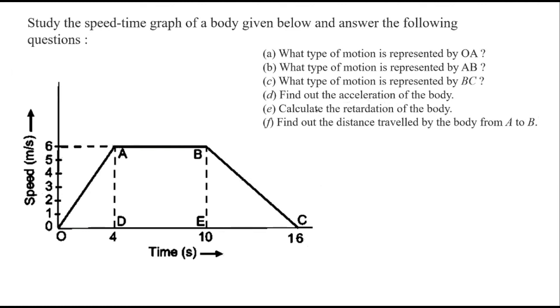Now a clue for option E, calculate the retardation of the body. As I said, retardation indicates a reducing of speed or velocity. In this case, what is retardation? Retardation is again an acceleration, but it is negative. So the formula remains same.